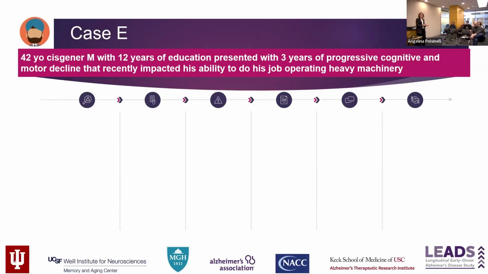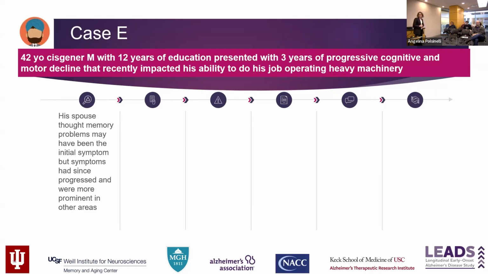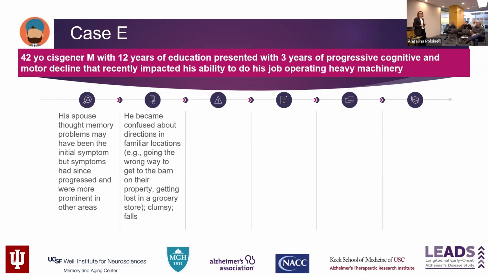So the last case is a 42-year-old cisgender man with 12 years of education. He was presenting in clinic with 3 years of progressive cognitive and motor decline that had recently impacted his ability to continue working in his job in heavy machinery. So his spouse thought that maybe memory impairment was the first symptom, but definitely things had progressed since that time.